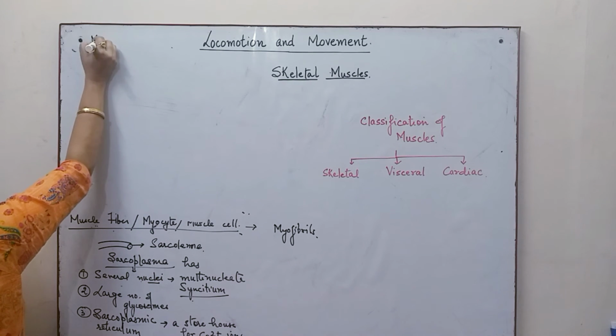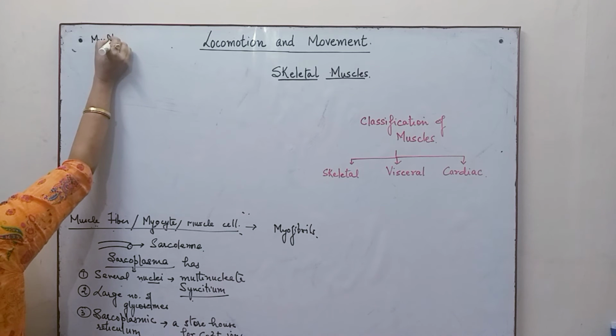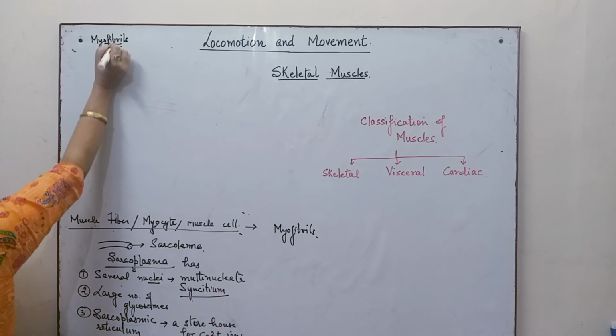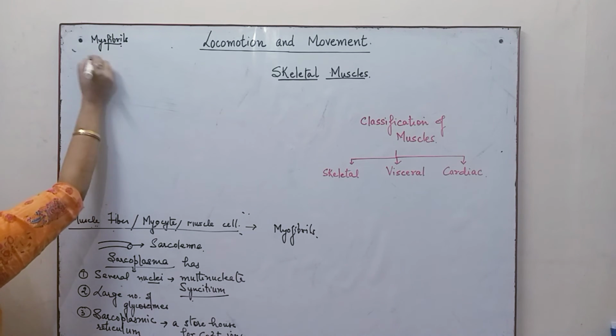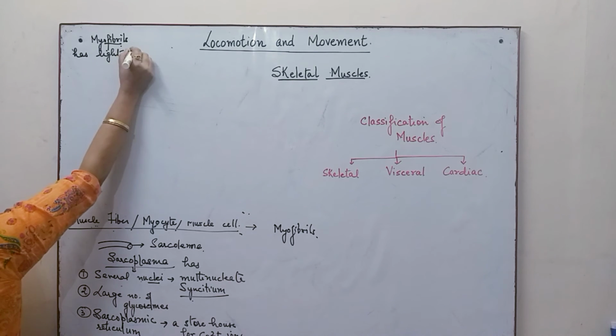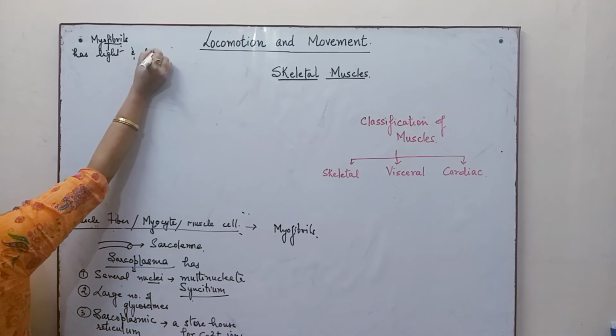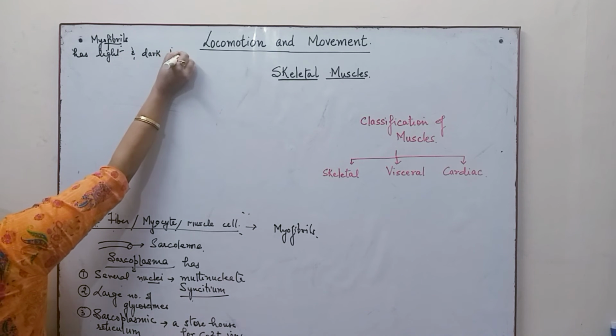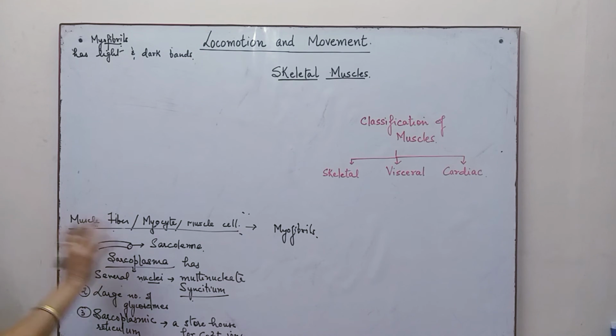Now, when we study the myofibrils, these myofibrils have light and dark bands, and therefore these muscles appear striated because of the light and dark bands which alternate.